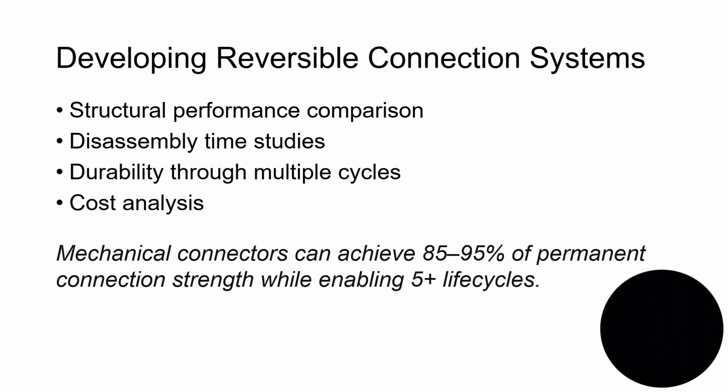Studies have tested mechanical demountable connectors that maintain structural integrity while allowing non-destructive disassembly. The data shows some promising candidates achieving 90% of traditional strength while enabling multiple disassembly cycles.